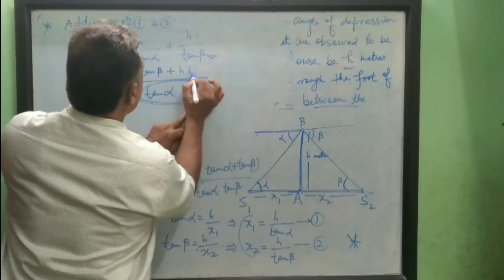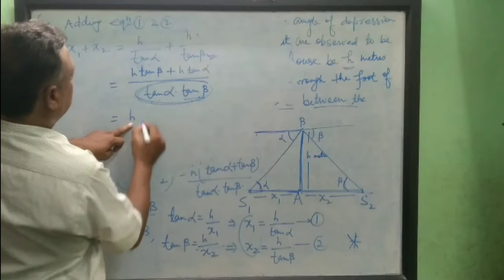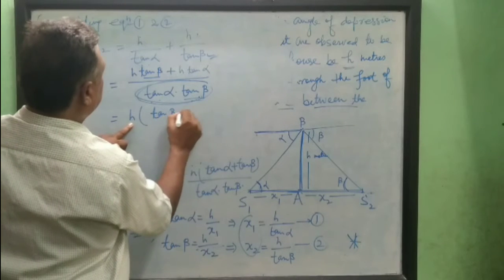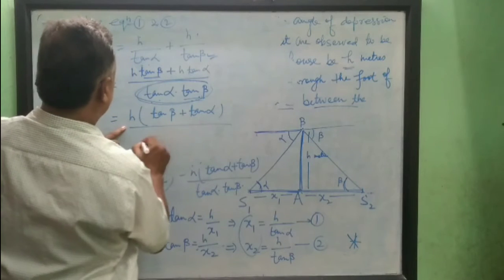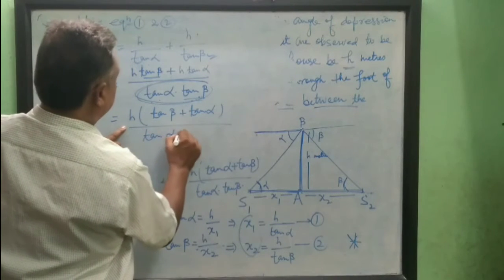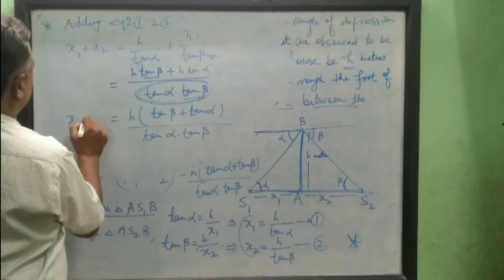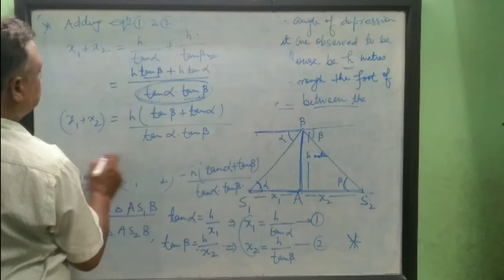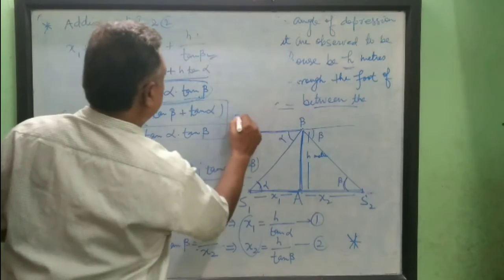So h into tan alpha is equal to h outside, it is common, (tan beta plus tan alpha) divided by tan alpha into tan beta. So the distance between two ships is h (tan alpha plus tan beta) divided by (tan alpha into tan beta). This we had to prove.